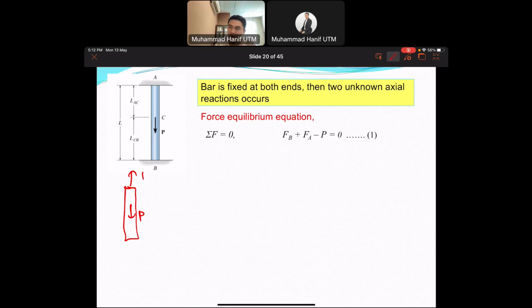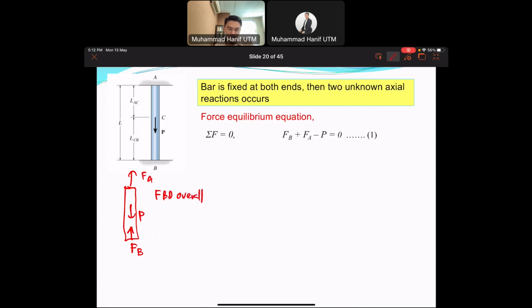So we have FA, for example. And then at side B, the reaction force will be opposed to the external force, which is upward, like this one. We have FB. So this is what we call the overall FBD.